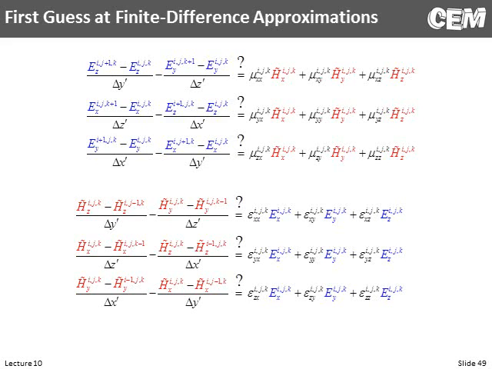If we just looked at our previous finite difference equations, we can make a real quick guess and write these equations down. Well, now we need to ask our rule: does every term in each one of these equations exist at the same point in space? Now let's see.